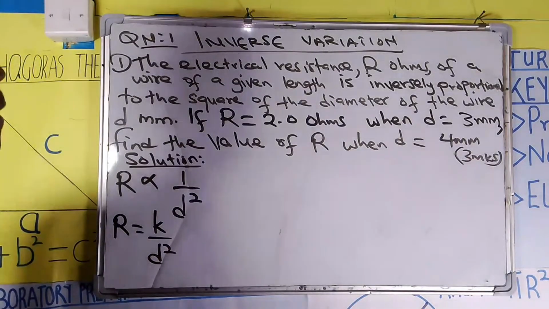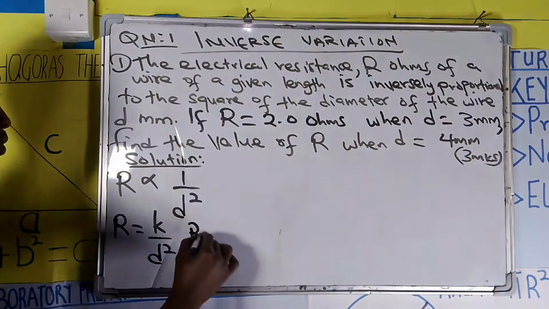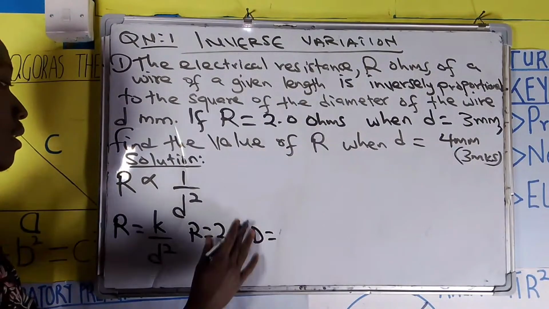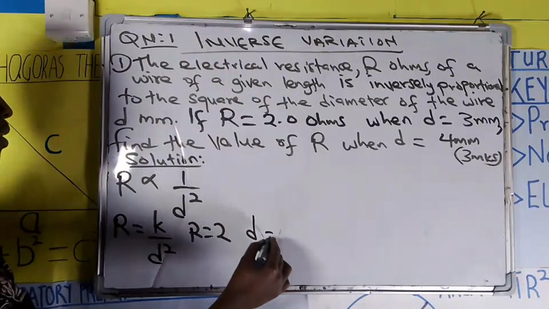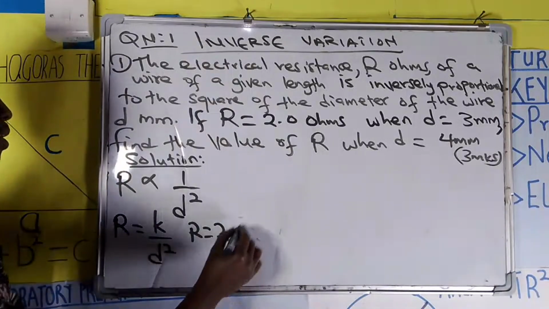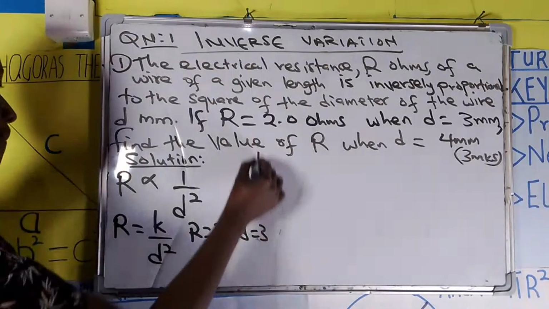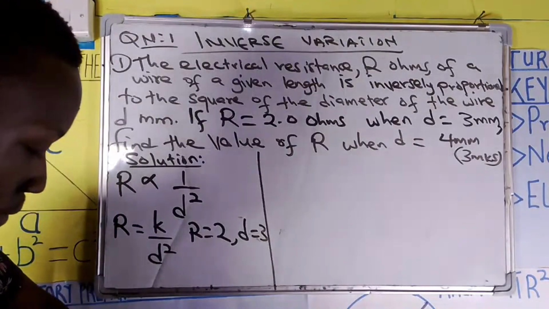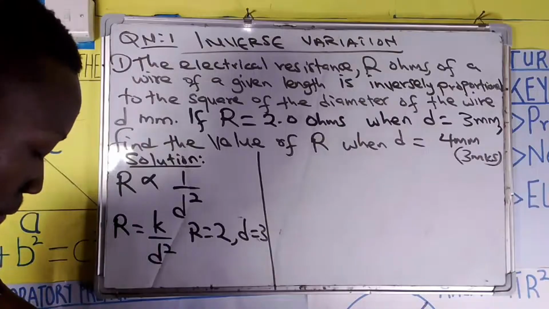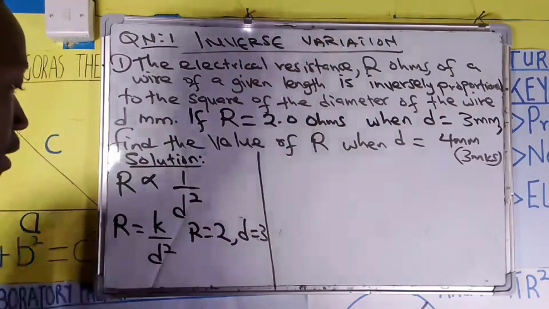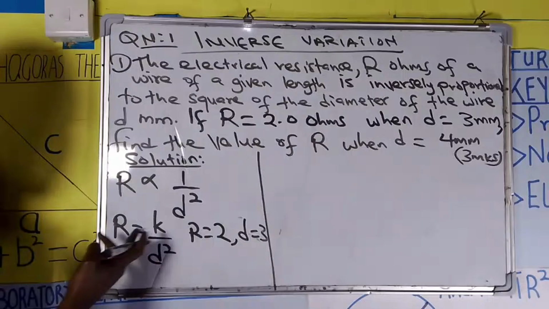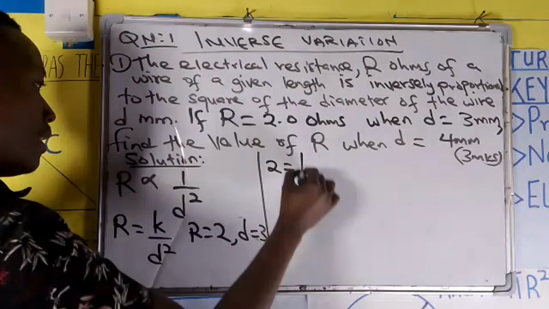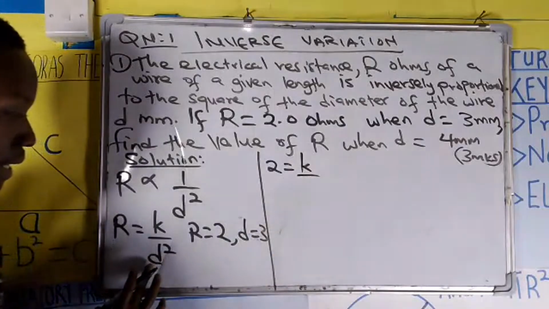Then we are told, if R is 2 ohms when D is 3, what do we have to do here? We have to replace this so that we can get the equation. So R is 2, equal to k over D squared.